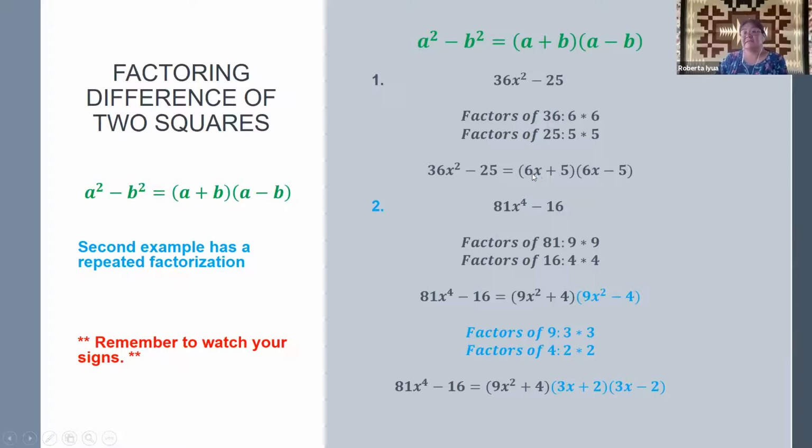The answer is 6x plus 5 times 6x minus 5. I didn't put it on here, but to always check your work, you can FOIL this out and make sure it comes out to this, because our center terms will be negative 30x plus 30x, and those two will cancel each other out.